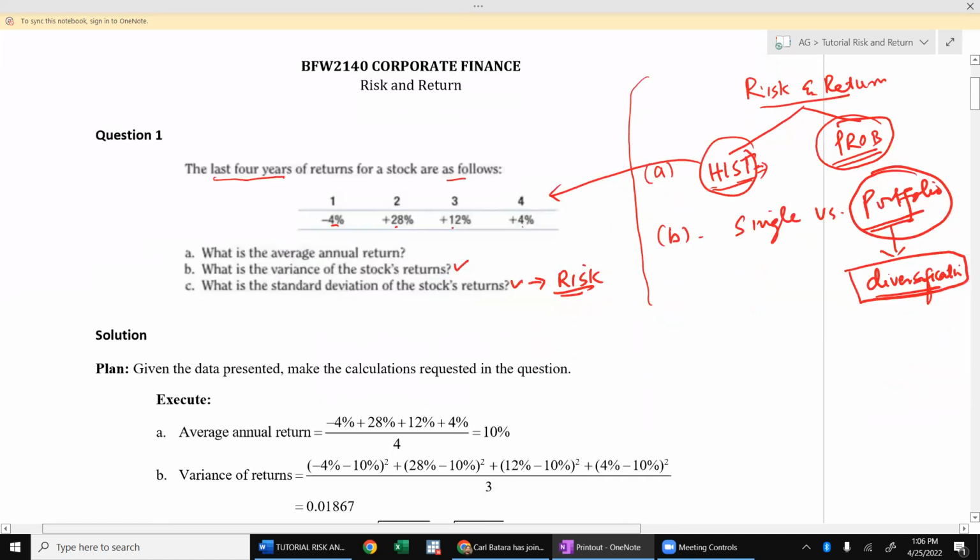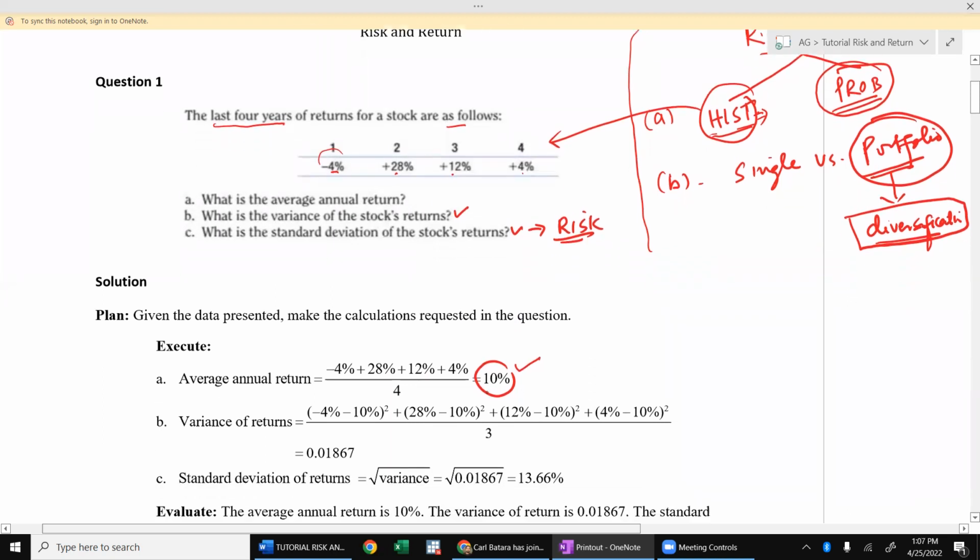Since the data is historical, we can simply add all of the returns and divide by the number of years, and we get the average return. So -4%, plus 28%, 12%, and 4%, gives 10% on average. And what is the risk of not getting this 10%?